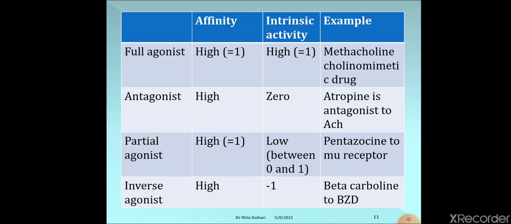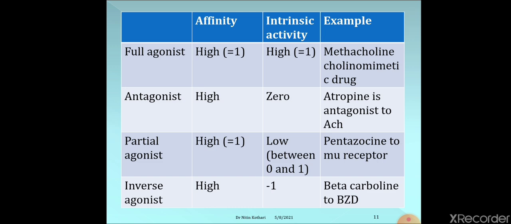What is a partial agonist? As the name suggests itself, it is a partial agonist. It is an agonist but not a full agonist. It is partial. So their affinity is high. They can bind to the receptor with the same strength as the full agonist. But this binding cannot trigger the pharmacological response at the fullest capacity.